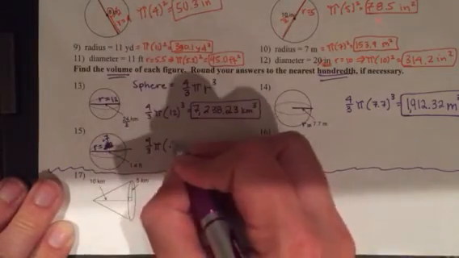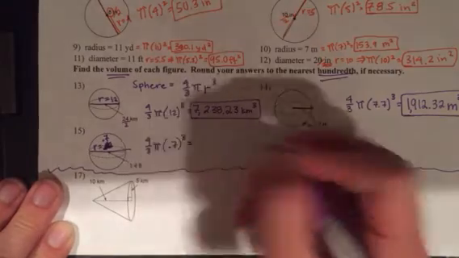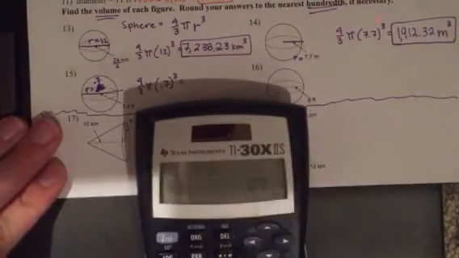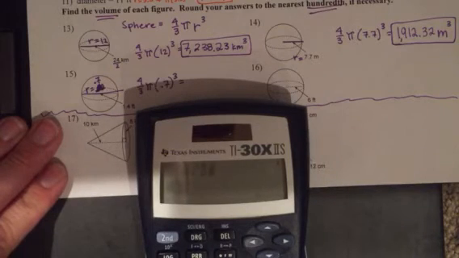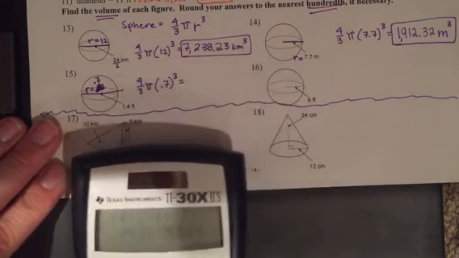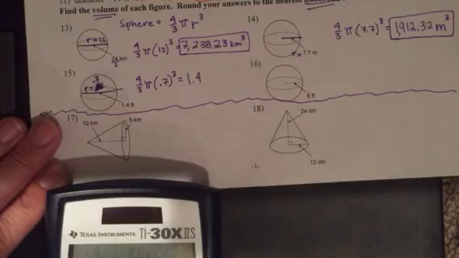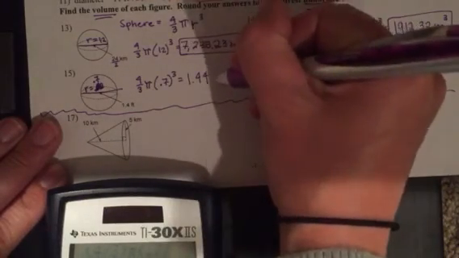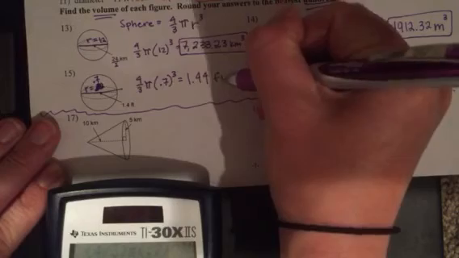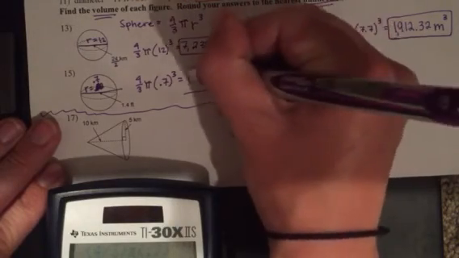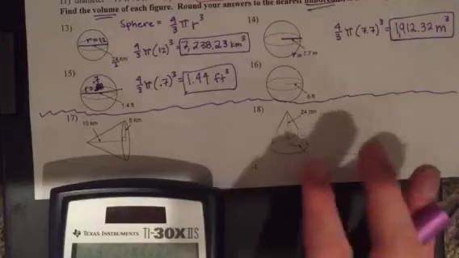So my radius is 0.7 cubed. 4 divided by 3 pi 0.7 to the power of 3 is 1.4, and then I need to round this one up to a 4 feet cubed. That is small compared to the other ones.